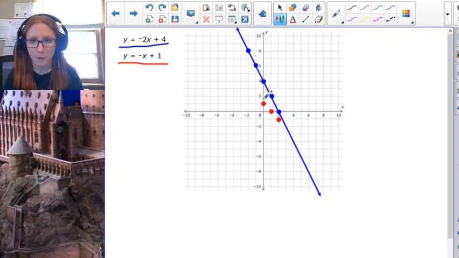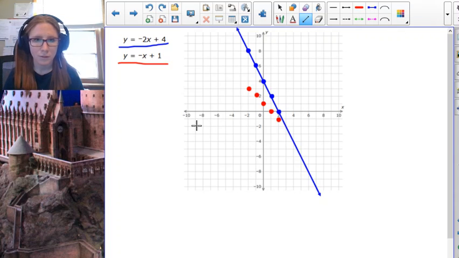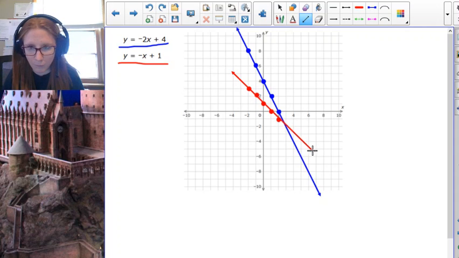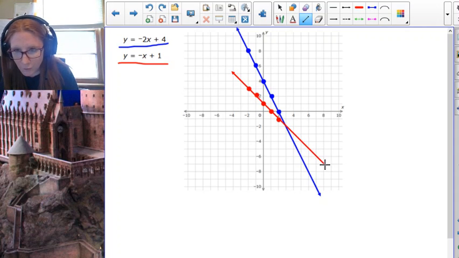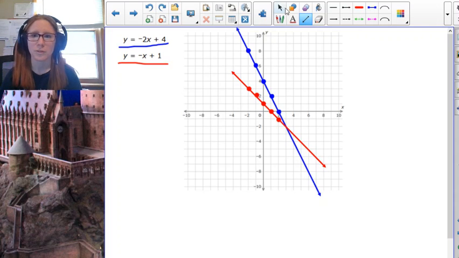And then we go back and we go up 1, left 1, and up 1, left 1. And then we make our handy dandy line. Let's color it red. And theoretically, we will create our point of intersection.